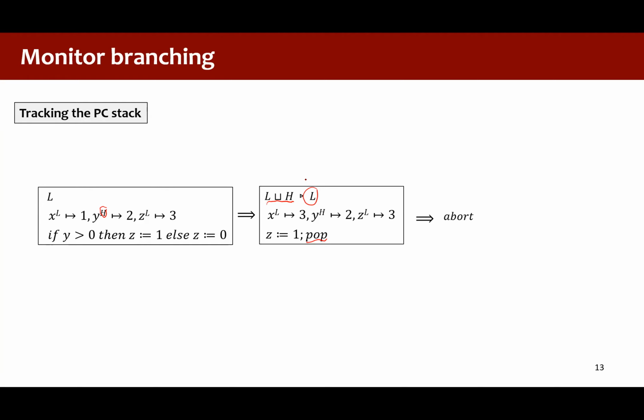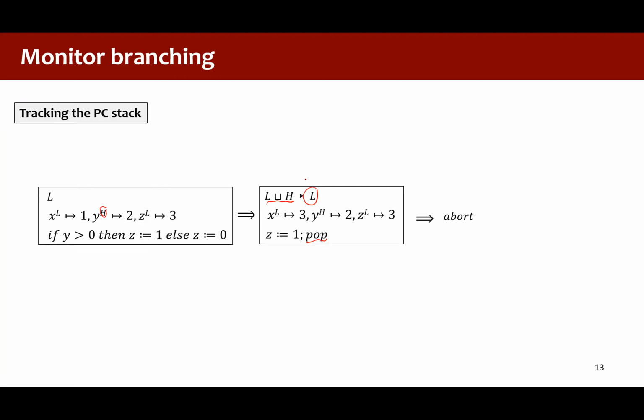Okay, thank you. Santiago? Yes, my question is, what is the advantage of monitoring with respect to type systems? Because in these examples of monitoring, the variables are annotated with their security level. So I'm wondering if you could just use a type system instead of monitoring.